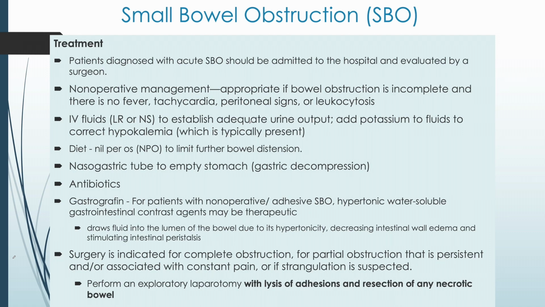When you have the small bowel obstruction, you have to mark the patient as NPO, or nil per os, so nothing by mouth, and that helps limit the further bowel distension and discomfort. And these patients also get NG tubes, so you get a nasogastric tube, put it down into the stomach, and that helps decompress some of that air, the distension that occurs because of the obstruction.